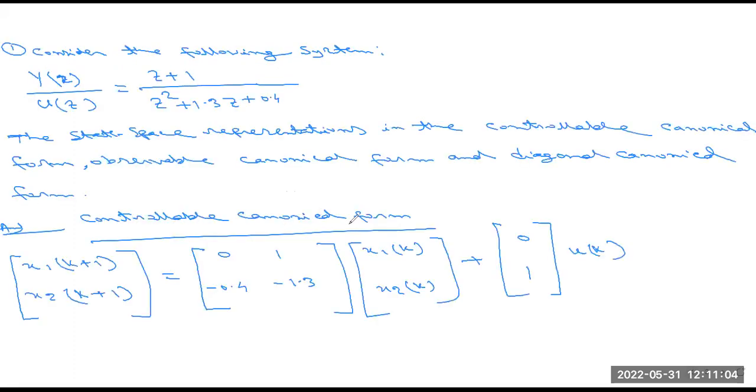That is y(k) equals 1 and 1, multiplying x1(k) and x2(k). So this is the matrix representation of the given equations for the controllable canonical form.